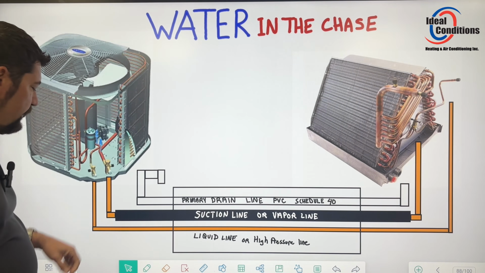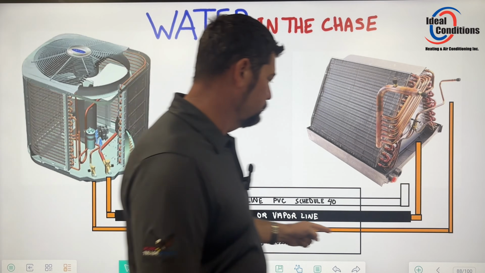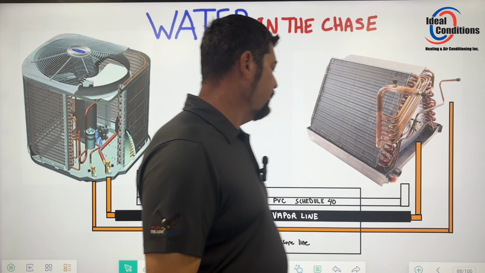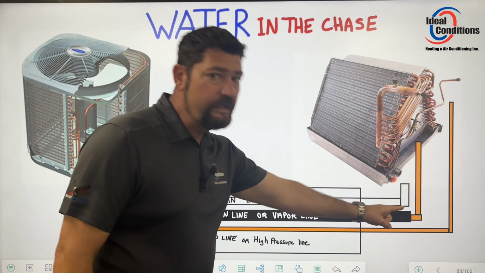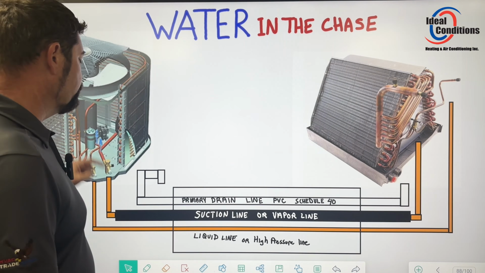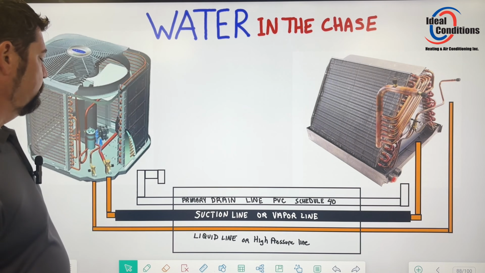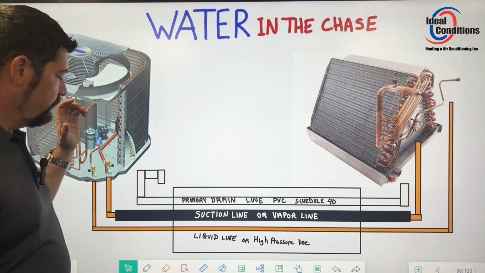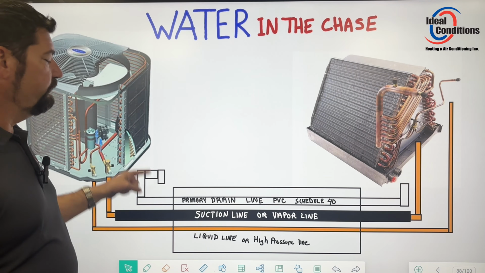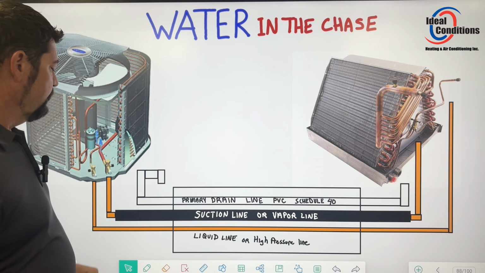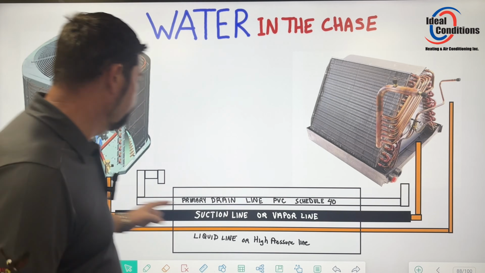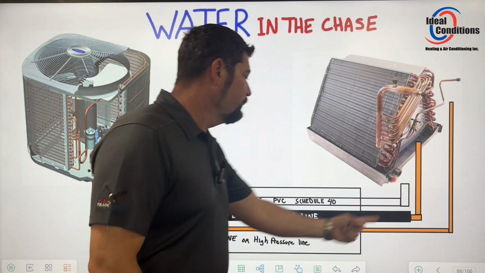So if I'm gaining subcool through my chase and losing superheat through my chase, then there's water in the chase. And I can be draining perfectly fine, and I could still lose superheat through the chase and gain subcool through the chase.